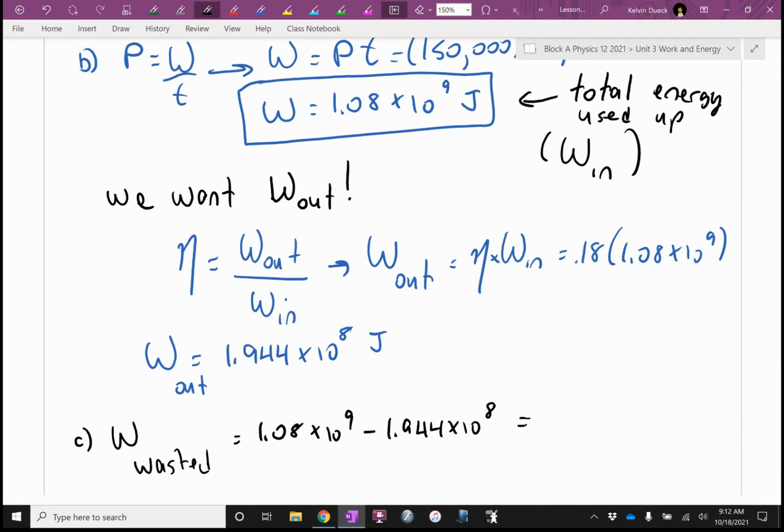And I get that we have wasted 8.856 times 10 to the 8th joules. Electric cars, or perhaps hydrogen fuel cell cars, are the future, but electric motors are far, far more efficient than internal combustion engines.